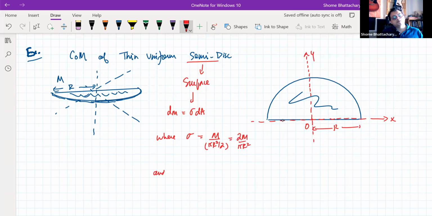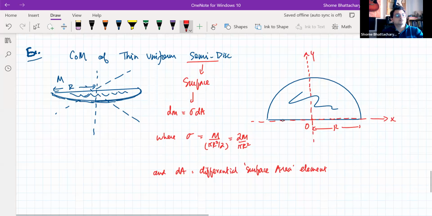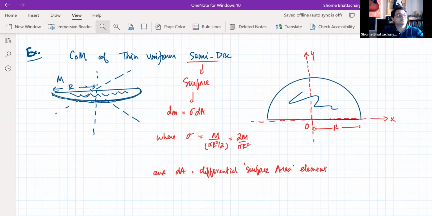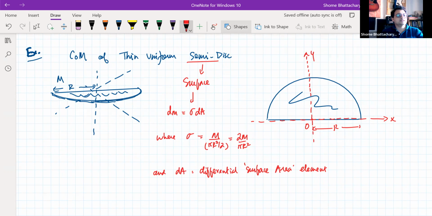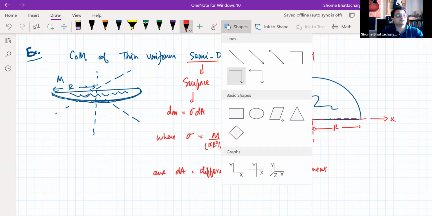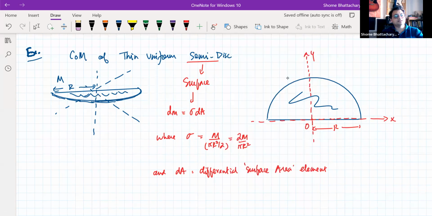And what should dA be? It should be a differential surface area element. Okay. So one way we can slice this surface into elements, differential areas, while keeping note of the fact that the y-axis is an axis of symmetry, is we can slice it like this into thin strips.